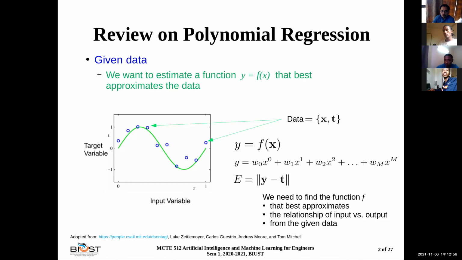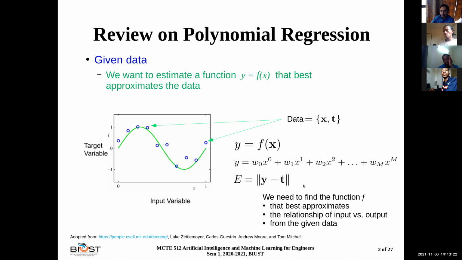some review of the topics that we have discussed so far. So we know that for polynomial regression, we want to estimate a function based on the data that is given. Our estimate is a polynomial function where we solve for the coefficients of that polynomial according to the degree that we want to use for the estimation.